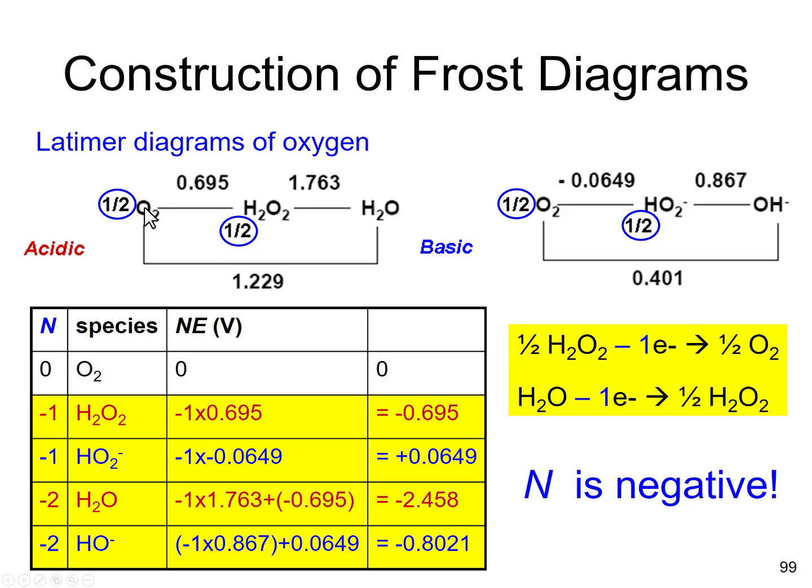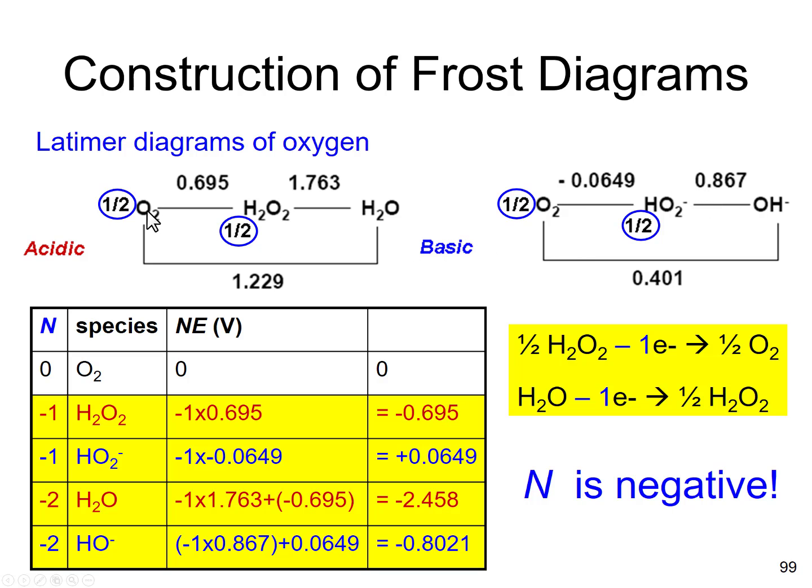Now, in this particular case, you have again oxygen in oxidation state 0, oxygen in the oxidation state -1, and oxygen in an oxidation state of -2. And these are reactions that will take place in acidic media, and you have very similar species under basic conditions as well. So here we have dioxygen related to the peroxide anion by this particular value, which in turn is related to the hydroxide anion by this particular value.